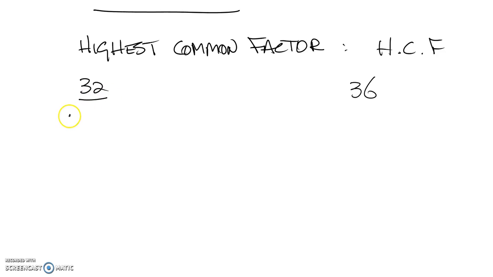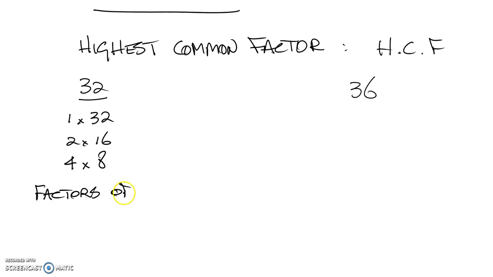So remember what we did? We said 1 times 32, 2 times 16, 3 didn't go, 4 times 8 was 32. So the factors of 32 are 1, 2, 4, 8, 16, 32.